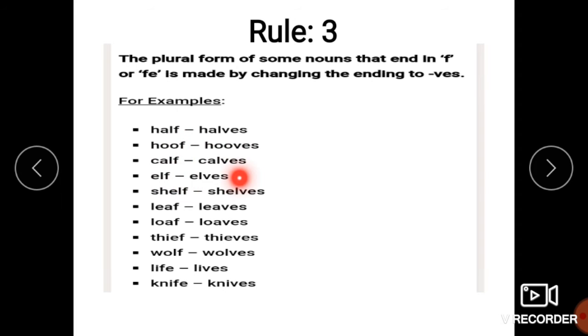Calf, calves, elf, elves, shelf, shelves, leaf, leaves, loaf, loaves, thief, thieves, wolf, wolves, life, lives, knife, knives.